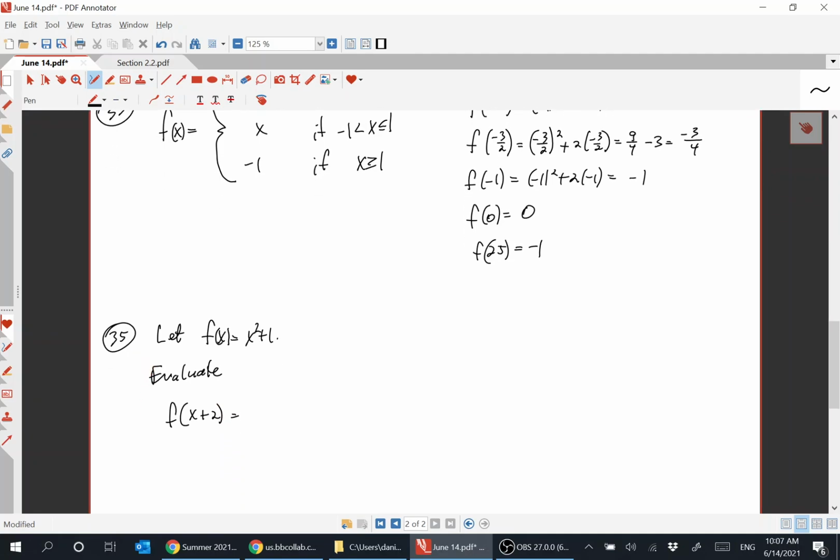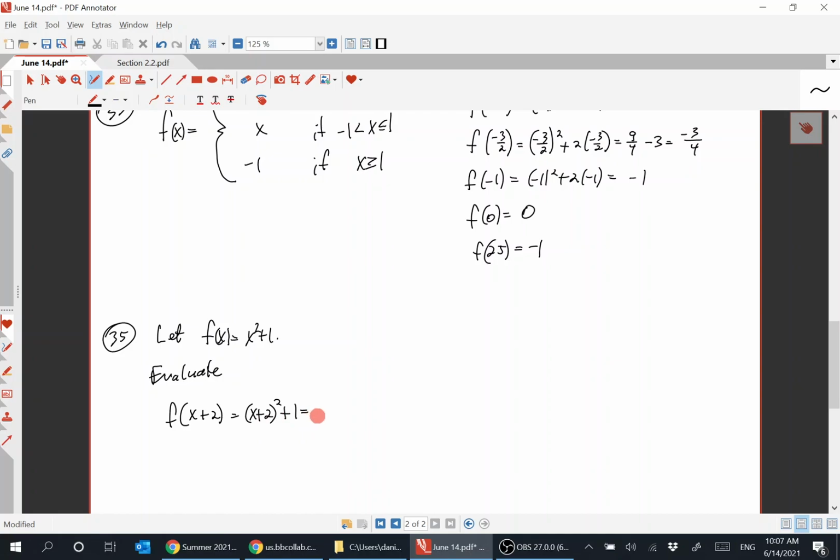So what do I do? Well, f of x is equal to x squared plus 1. So for f of x plus 2, wherever you see x here, you replace it with whatever the expression here is, x plus 2. So this is x plus 2 squared plus 1.